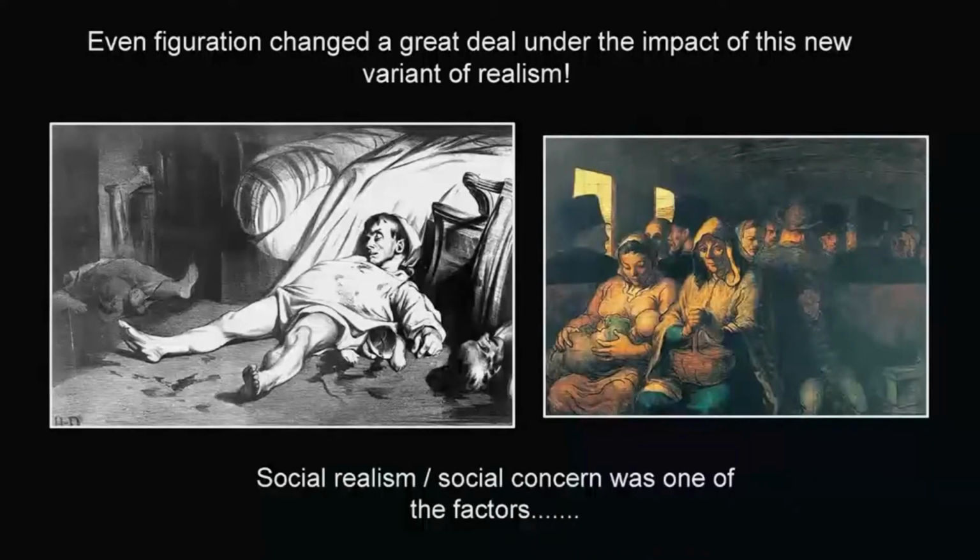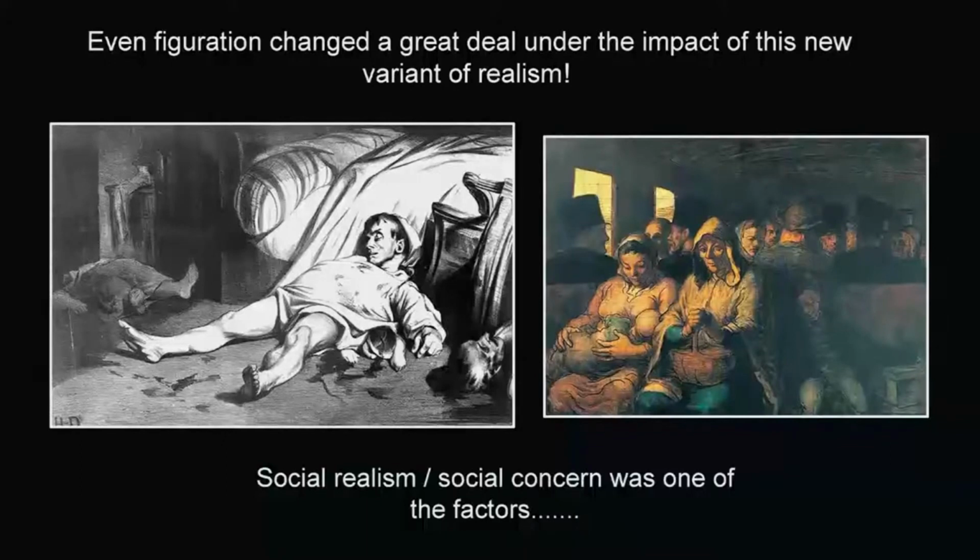Meanwhile, as a continuation of that social realism, we have seen how figuration itself has changed from a proper anatomical kind of construction to a more free rendering of drawing of figures depending upon their social plight.